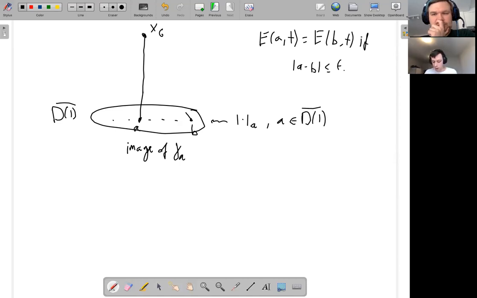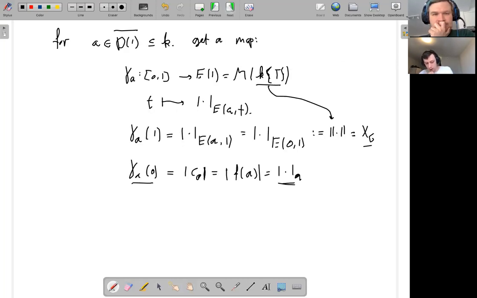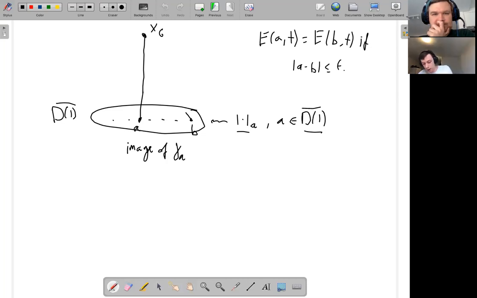So we saw that out of any point in this closed unit disk, we get this type 1 point that it defines. And so all these paths start from there and they end in the Gauss point. And here we see the value of this path at any point is the norm with center A and radius T. So this will mean that these two paths eventually join.